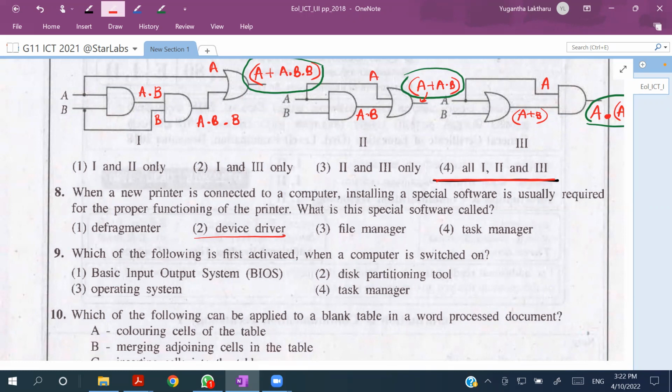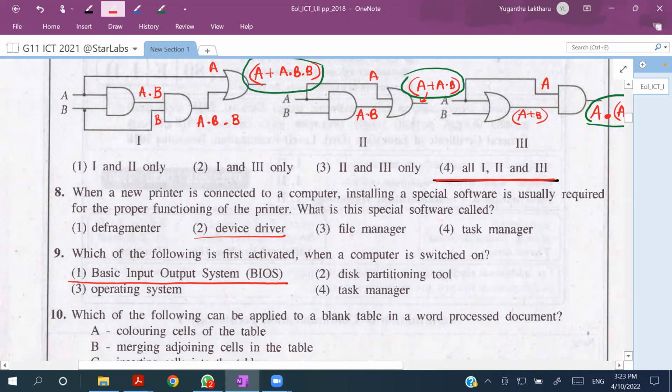Ninth one, which of the following is first activated when a computer is switched on? When the computer is switched on, the very first program that is activated is the power on self-test, which is POST. But here POST is not there. Since it is not there, we can go with the BIOS, basic input output system.